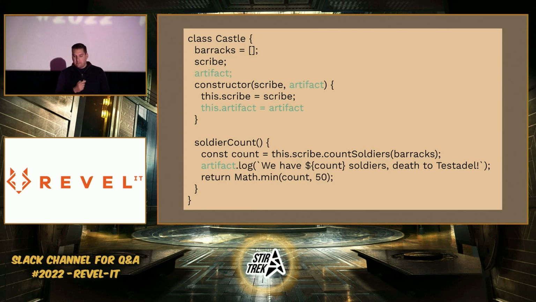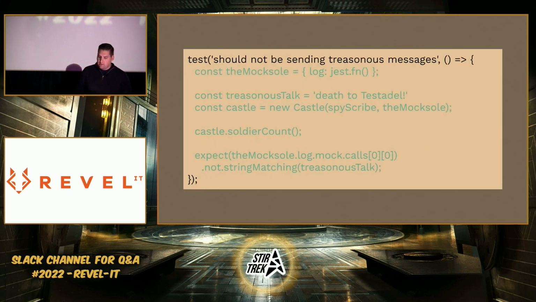And that allows us to write a nice little test using our mock, injecting it inside of the castle, and we're going to assert or expect that the message that's going through that artifact doesn't contain any treasonous talk. You know, the text "death to Testadel" should not appear in the message.